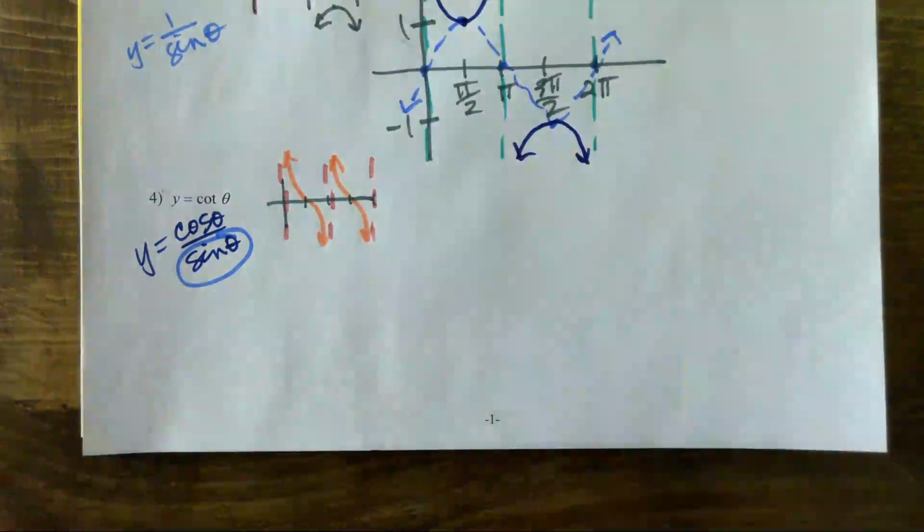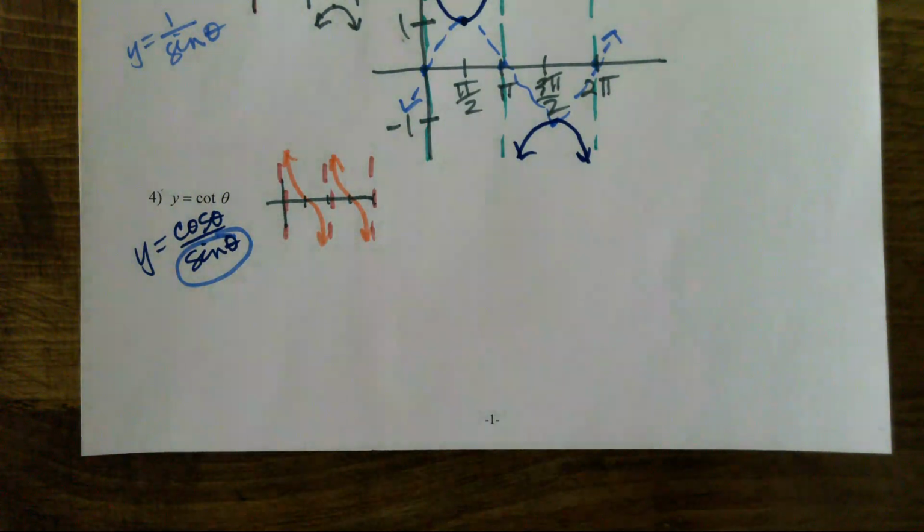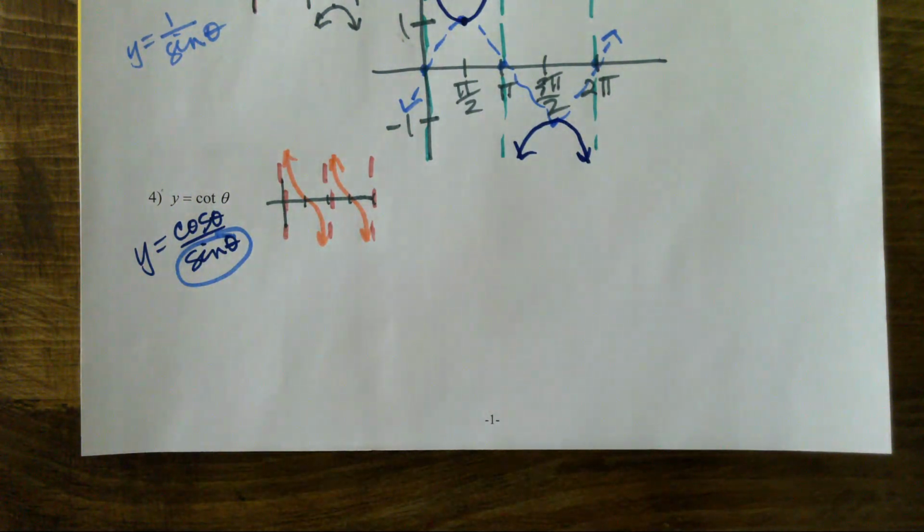There we go. So again, where tangent has this feel, cotangent has the inverse feel. So we'll make our graph.